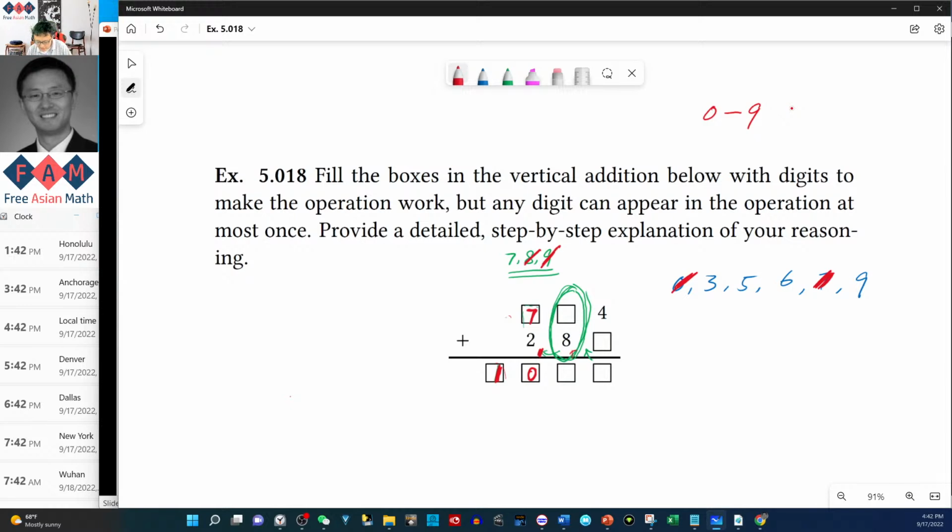And this is really just where you have to exercise the basic technique, trial and error, because now it doesn't have that many possibilities for the remaining 4 boxes. You only have 3, 5, 6, and 9, and you do have 4 boxes.